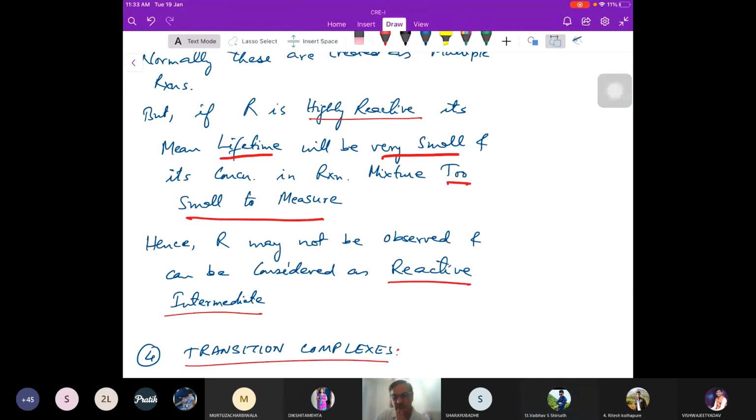What is collision theory? नहीं याद किसी को? सर वो मॉलिक्यूलर वाइब्रेशन पे डिपेंड होता है. Yeah, but what does it say? Collision theory.